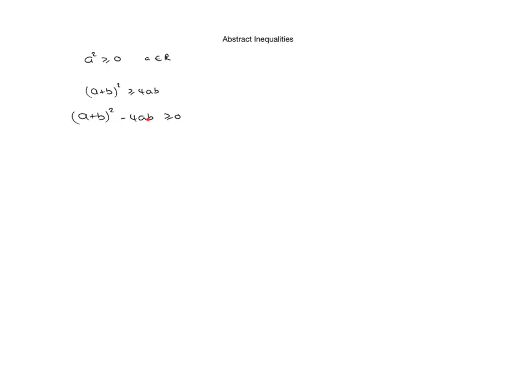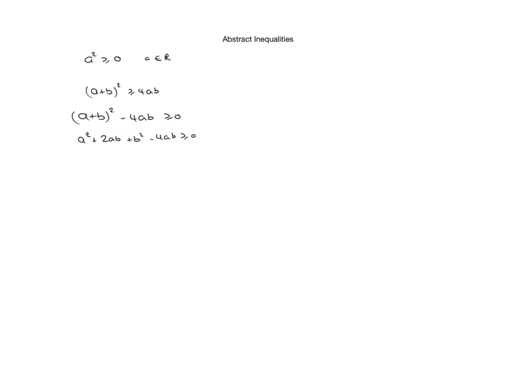Now, we can see here that we can't get this in terms of squares. We've got 4, which is a square number, but a isn't square and b isn't square. So let's try multiplying out the (a plus b) all squared. If we multiply out that bracket, we end up with a squared plus 2ab plus b squared minus 4ab is greater than or equal to 0.